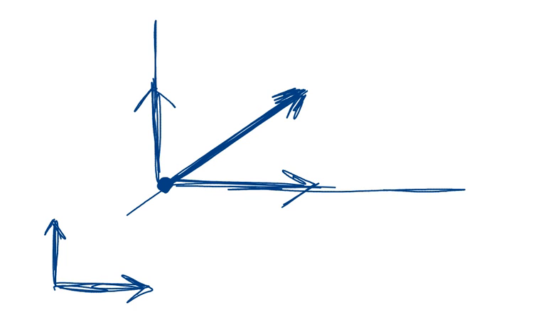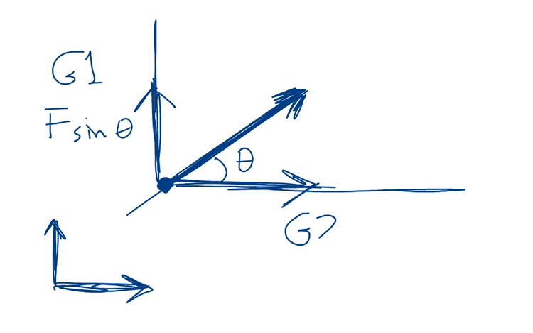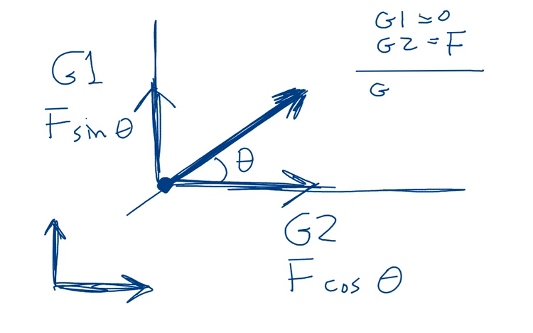So now gauge 1 measures F sine theta, let's say I know this angle theta. For gauge 2, it's going to measure F cosine theta. So notice, in the first case, G1 was 0, G2 was F. In this case, G1 is F sine theta, G2 is F cosine theta.